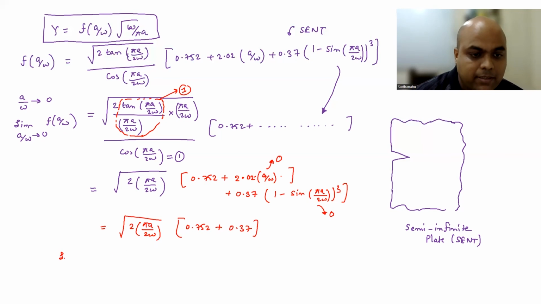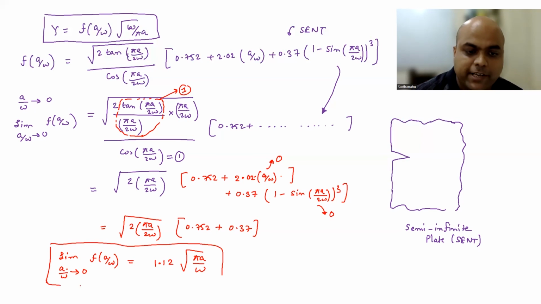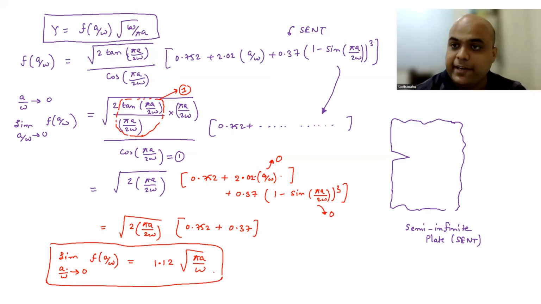Or limit A by W tending to 0, f of A by W becomes 1.12 root over pi A by W. So we have got an expression for f A by W for semi-infinite plate, SENT.